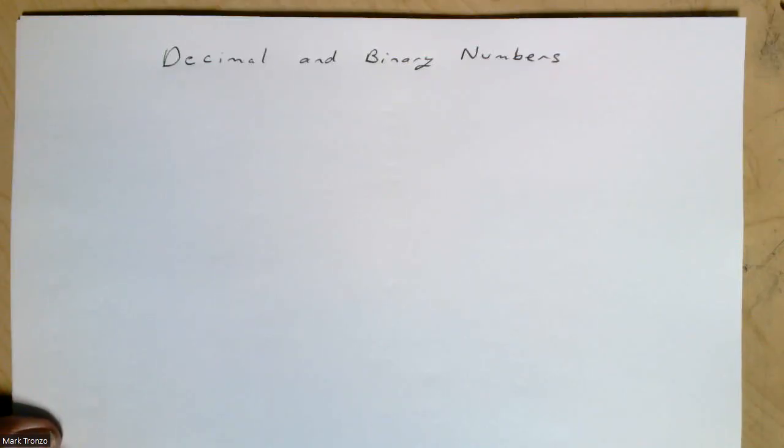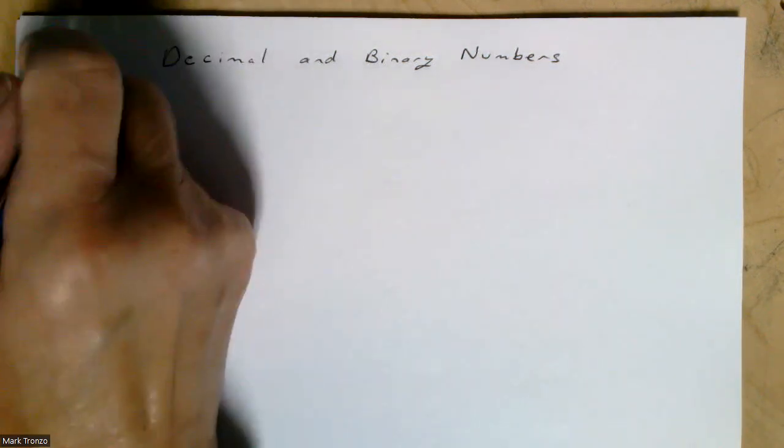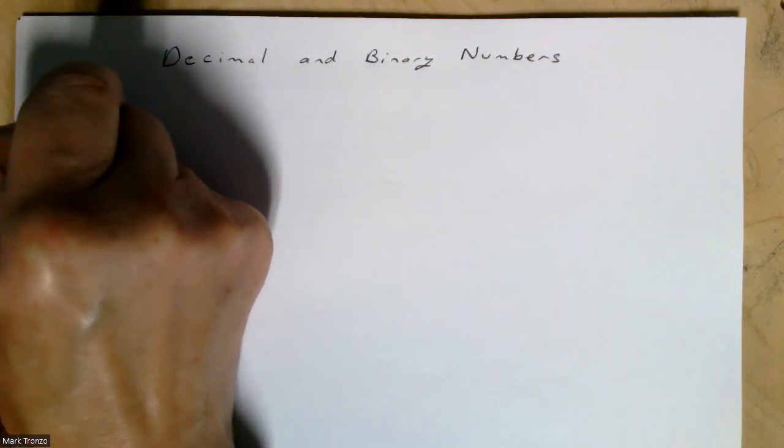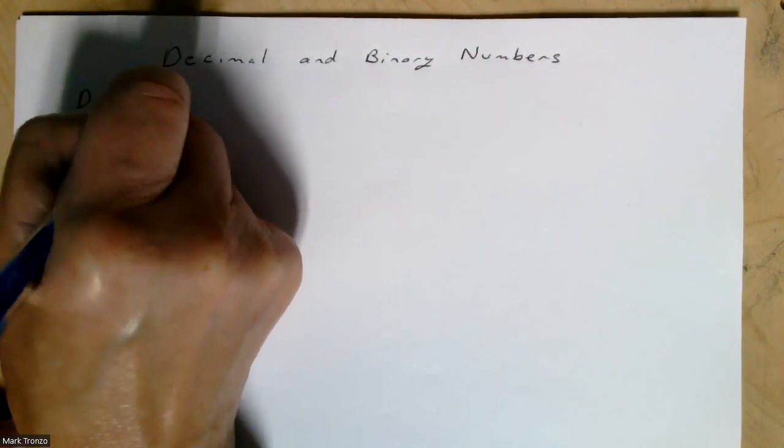In this video, we're going to look at decimal and binary numbers. Now, decimal notation is what we're most familiar with.